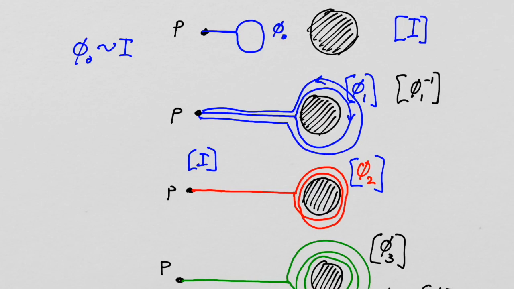You cannot take a loop that goes around this annular region clockwise and find a homotopy between that loop and one that goes around the other way. So these are different equivalence classes. Instead of calling it phi 1 inverse, you could call this phi negative 1. That's an important idea. So phi negative 1 and phi 1 inverse are two ways of writing the same equivalence class.